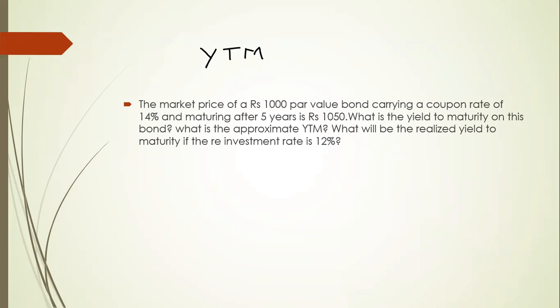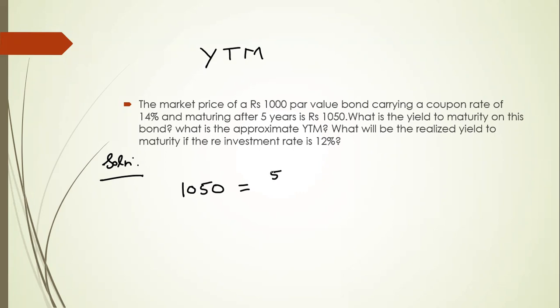Now let's put it in a formula. We have the basic formula first. The value is 1050, that is given in the problem, and we have to calculate R here, which is missing. That is the yield to maturity.